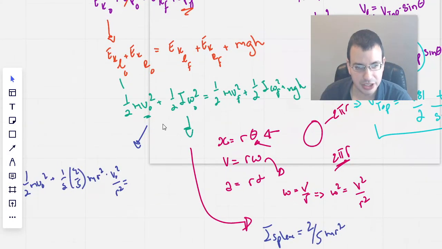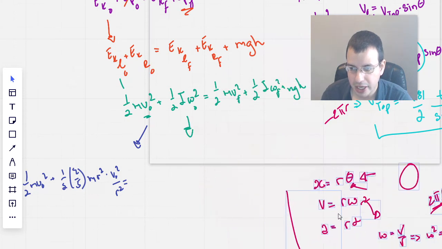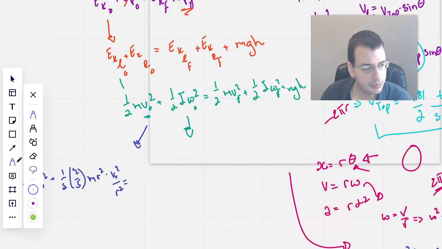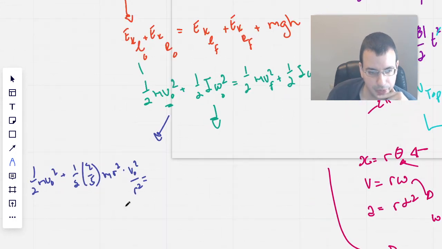We have the same thing for the right side. I'm going to copy and drag this a little bit, and stick with blue.